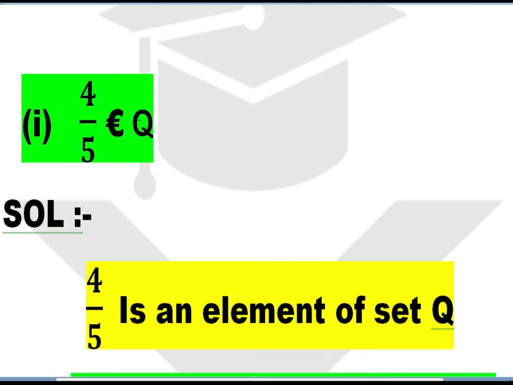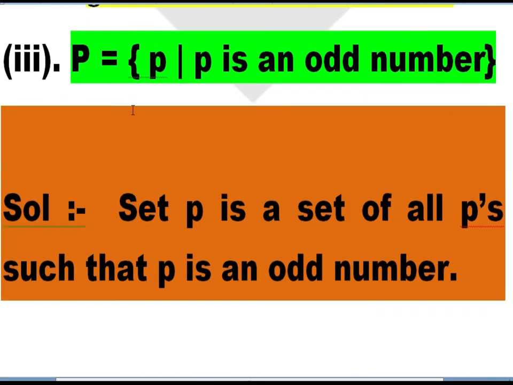Q is a set, and this is an element. 4/5 is an element of set Q, meaning 4/5 is an element of set Q. Go for next. If there is a cross here, then it means does not. Go for next.